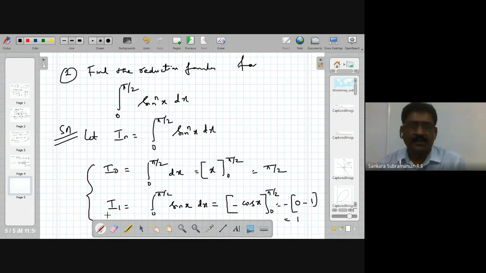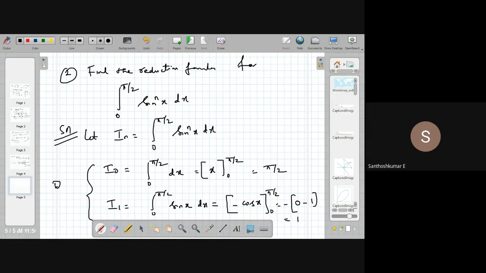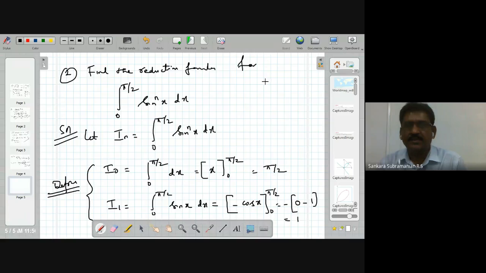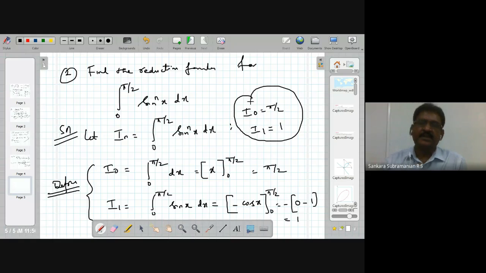So this is we define I_0 as pi by 2 and I_1 as 1. Whenever I_0 comes, you should say that I_0 is nothing but pi by 2. And whenever I_1 comes, you say that it is 1, like the initial definition.